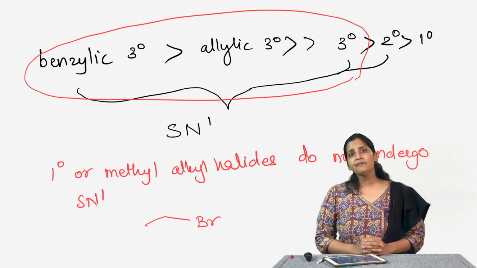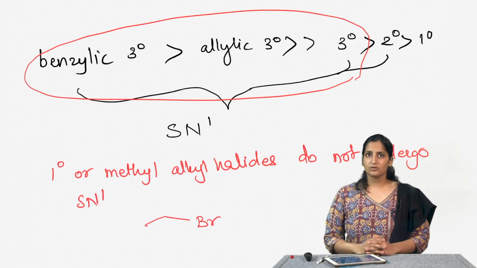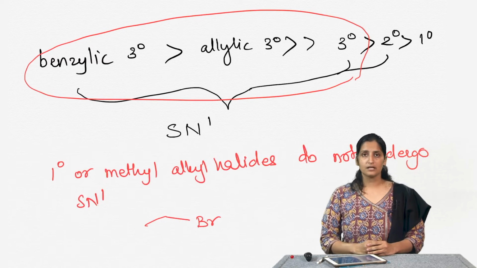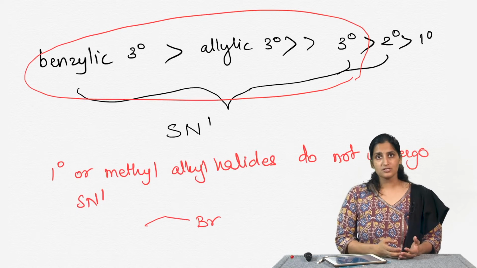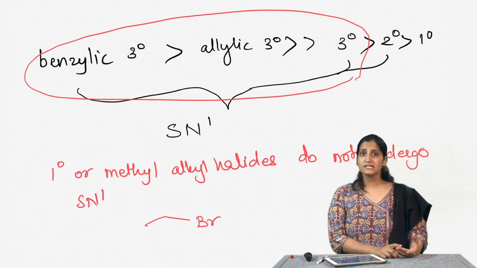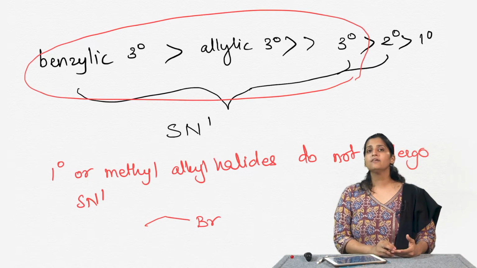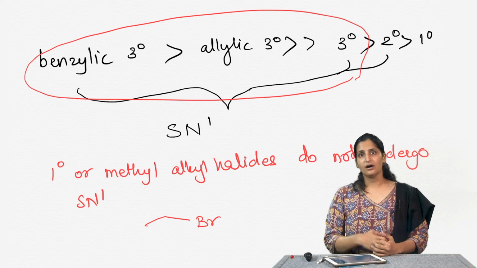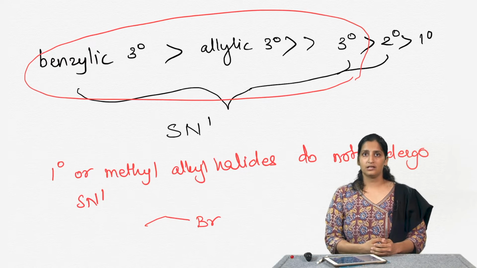So, how do we determine which one is a better leaving group? One of the key things to know is that we look at the stability. Most of the halogens, chlorides, bromides, iodides, function as very good leaving groups, because they can be stable as they leave and create a stable anion.